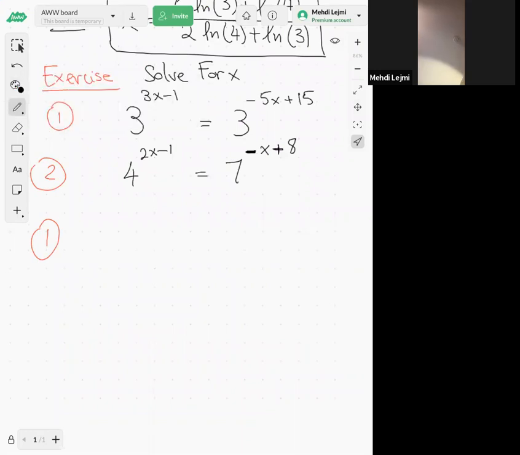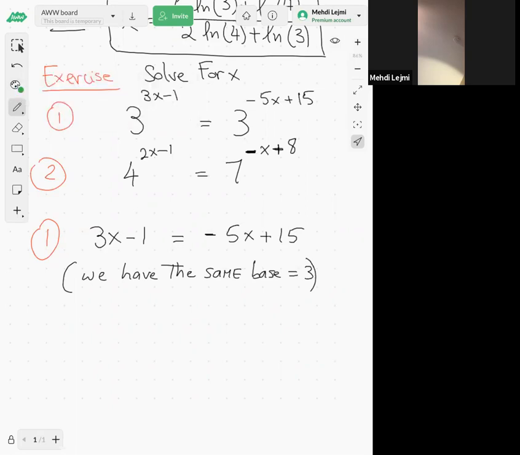So for number one, you're going to have 3x minus 1 equals minus 5x plus 15. This is because there's an exponential in base 3 and an exponential in base 3, so the exponents are going to be equal.